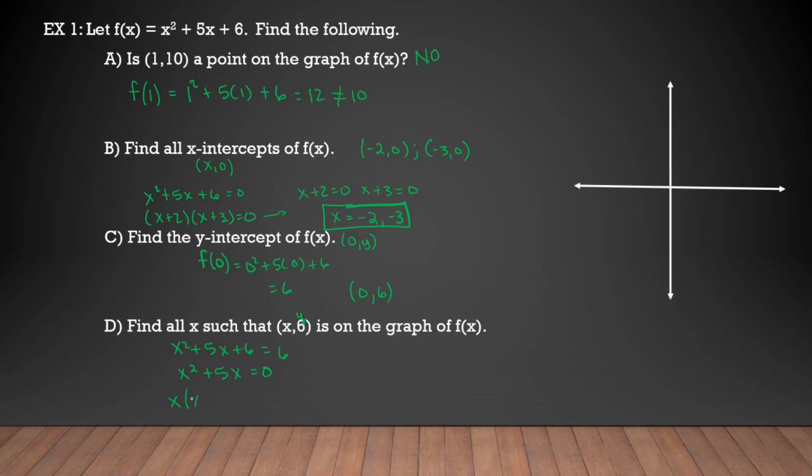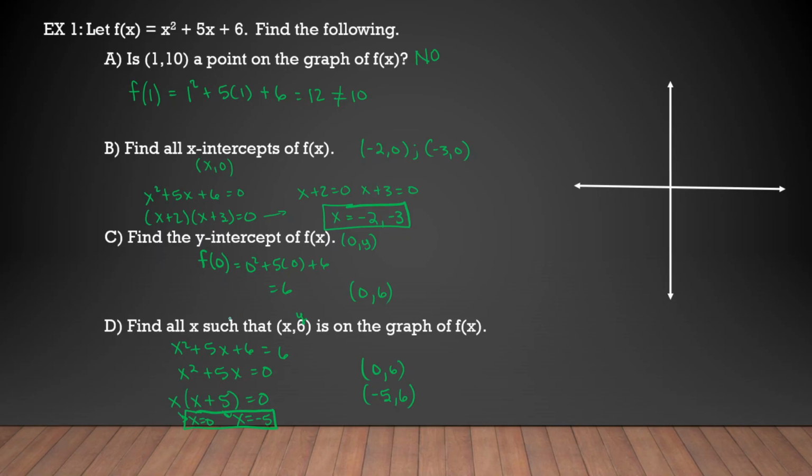Then I can factor an x out. So this tells me x equals 0. And this one tells me x equals -5. So I have the points (0, 6) and (-5, 6).